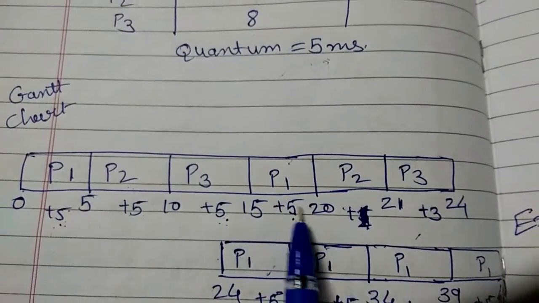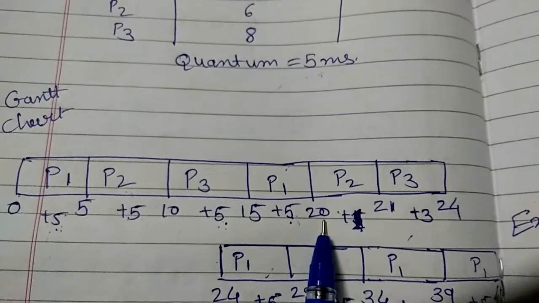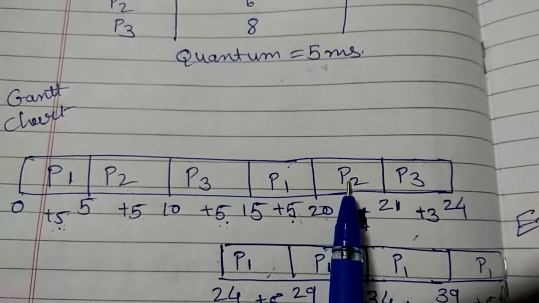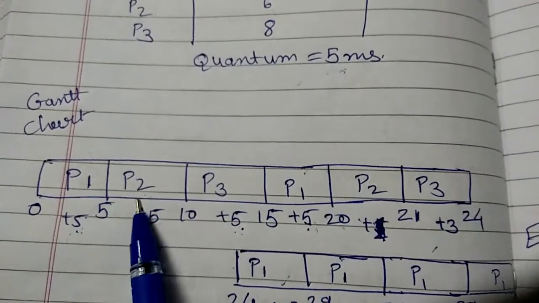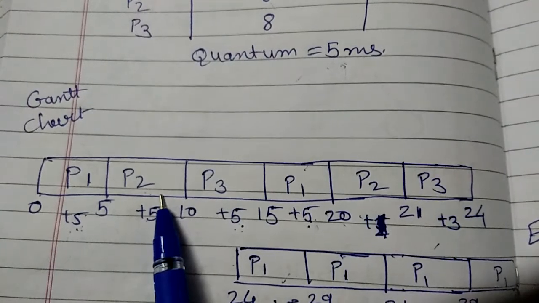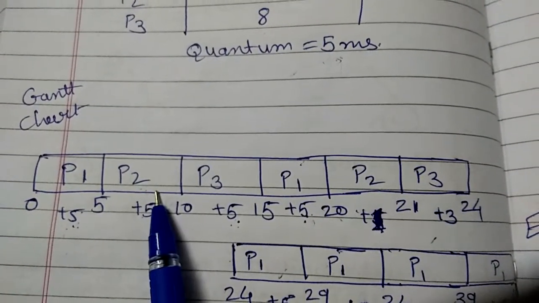So we add this 5 quantum at 15. So at the 20th second, P2 will restart. And we know that P2 requires only 1 more second.